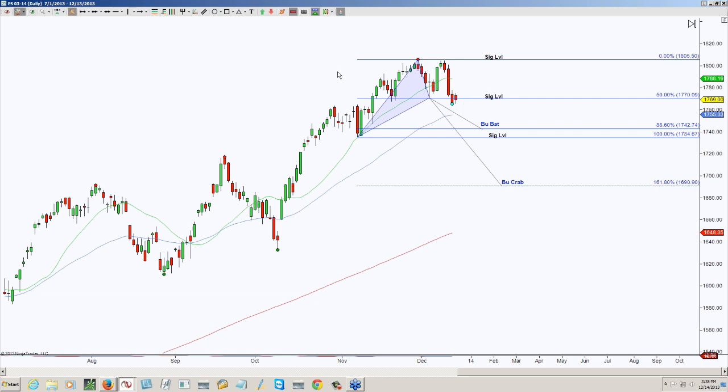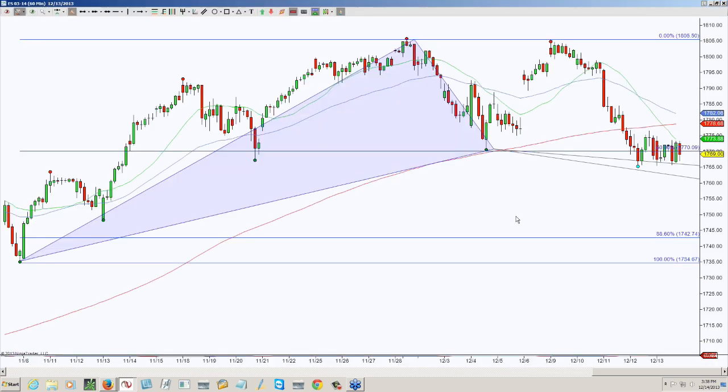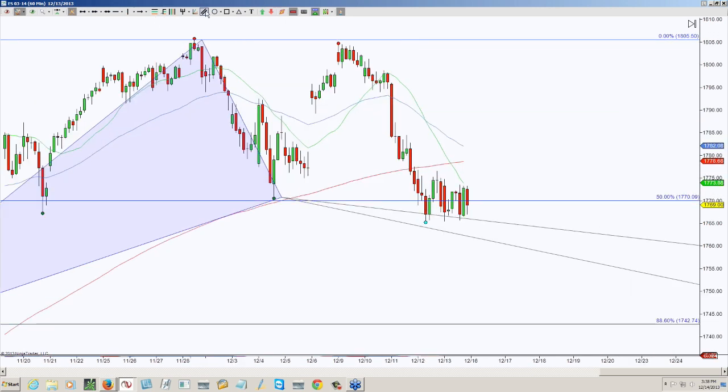Everybody trades differently, but let's take this down to say an hourly chart, right? Okay, we have the same situation. Oh, we're in a choppy mess, right? Okay, so price is in a triangular type consolidation.